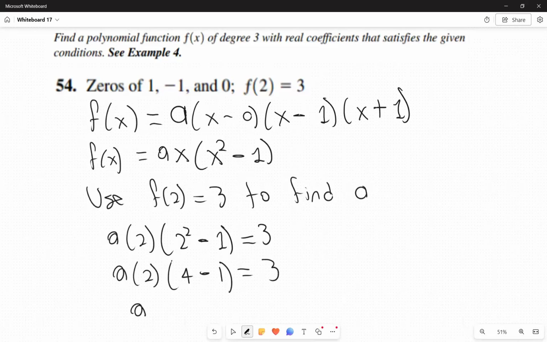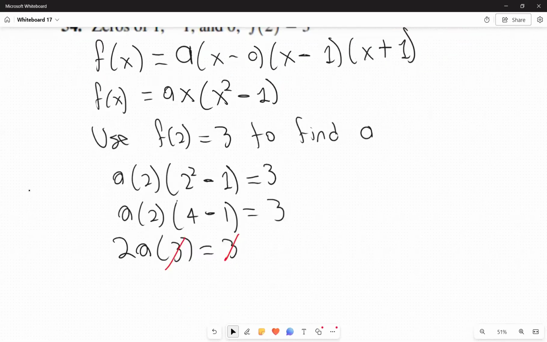So we have 2 times A, which is 2A, times 3 equals 3. These two cancel. And we have that 2A equals 1, or A equals 1/2.